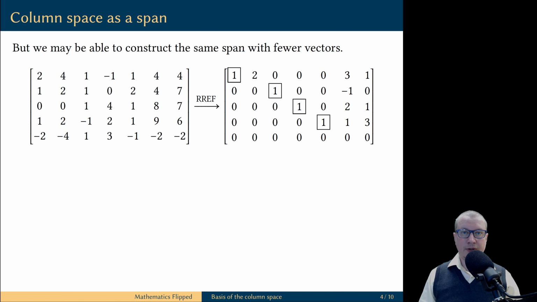To figure out which vectors we may discard and which vectors we have to keep, we find the reduced row echelon form of this matrix. And we keep those columns in the original matrix that correspond to the pivot columns in the reduced matrix, and we can discard those columns which correspond to non-pivot columns in the reduced matrix.